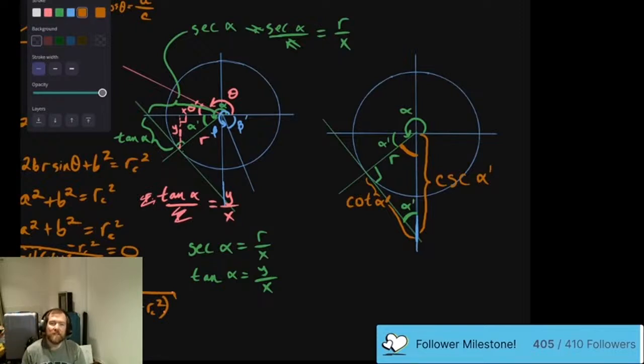So again, the tangent of that particular angle was the length of the tangent line to that particular angle. We make a physical tangent.